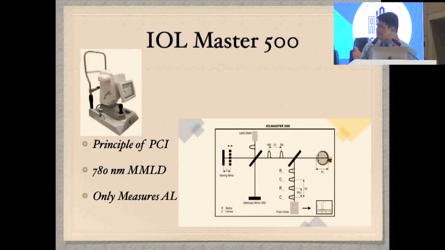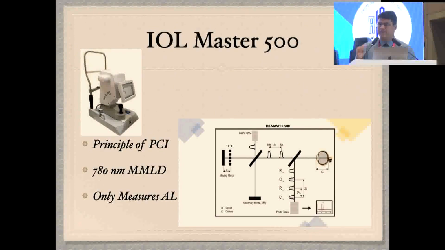The first optical biometer which came in the market was IOLMaster 500. It was based on the principle of partial coherence interferometry and used a 780 nanometer multimodal luminescent diode. But the limitation was that IOLMaster 500 only truly measured axial length optically.